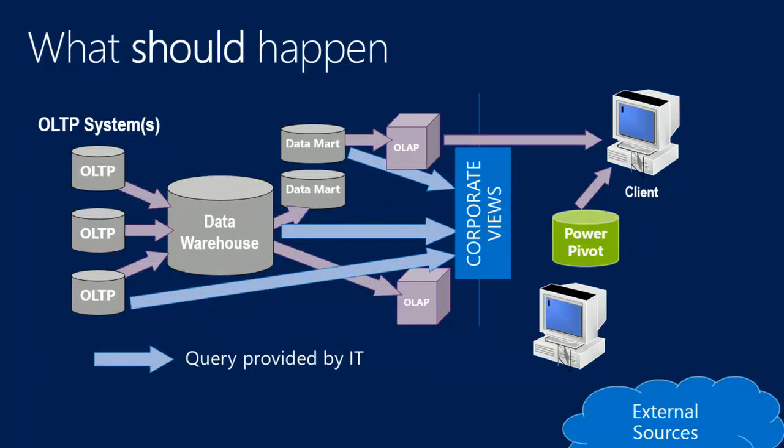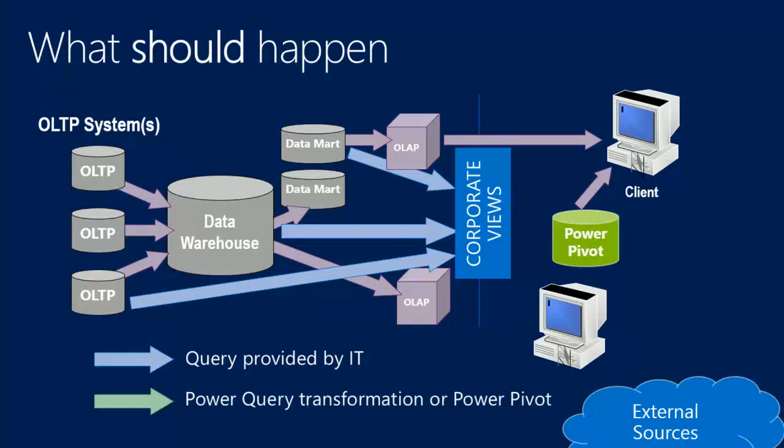It seems the same, yes, but in reality, you define a contract between you and your users. As soon as you do that, you can still use Power Query to do transformation, build your data model with Power Pivot, and you can also get data directly from the cube.